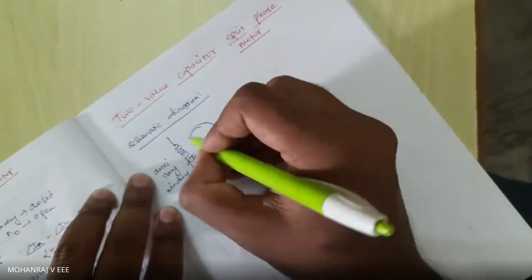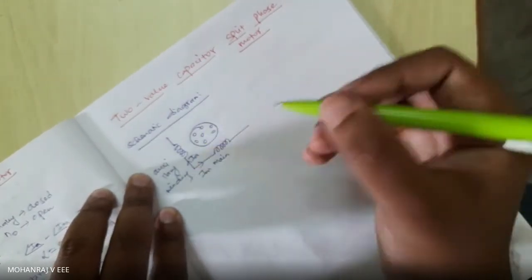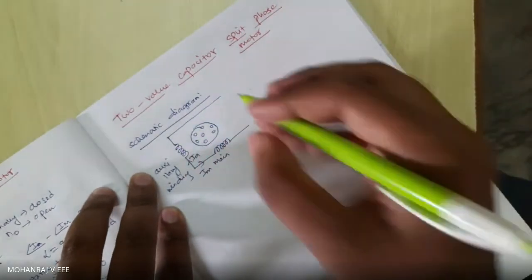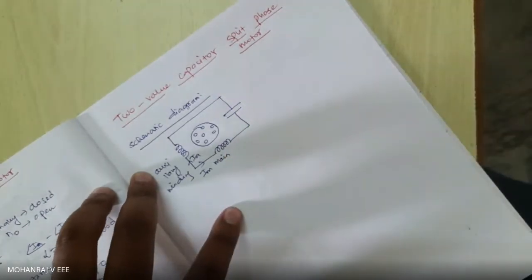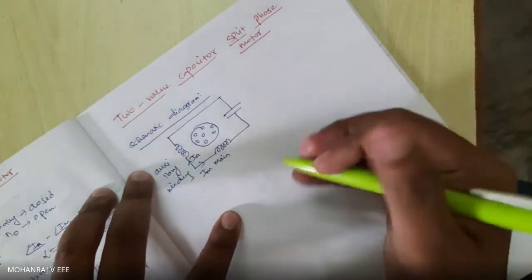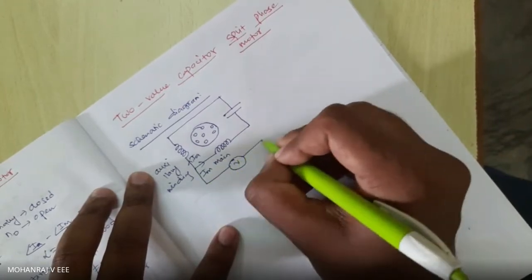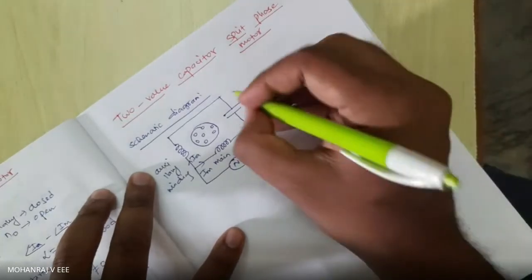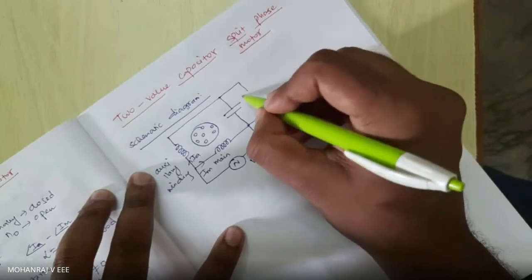I will have my rotor, which is a squirrel cage rotor. Then I will have a capacitor. To this, I will give a power supply, voltage V. Then I will have one more capacitor.